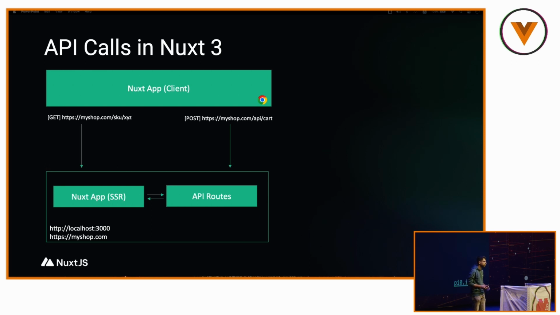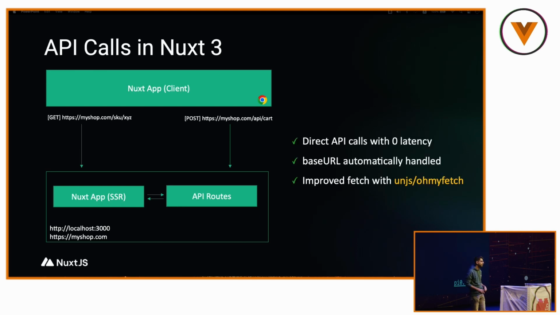And it makes it possible to make direct HTTP calls. This way, we remove every latency. So instead of a few milliseconds, it's zero latency. It's just like calling a function on the server side. We no longer have to worry about the base URL because it's not even relevant on the server side, as there's no base URL. And the fetch experience does improve using the ofetch project. Still, you can use the standard fetch spec or your custom library that is built on top of it.